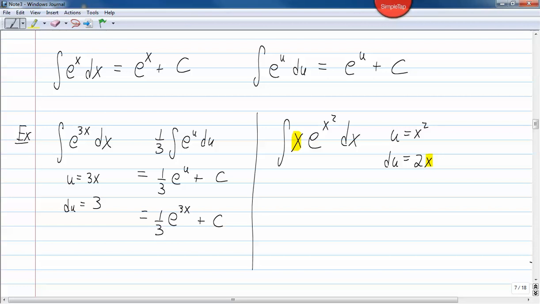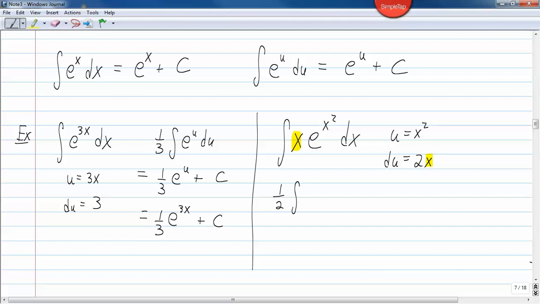So make sure that you do have the du. Now there's a 2 right here. I've seen some people like to take this 2 and multiply it times 2. That's what we do with derivatives, not with integrals. We need to bring out a what? 1/2.